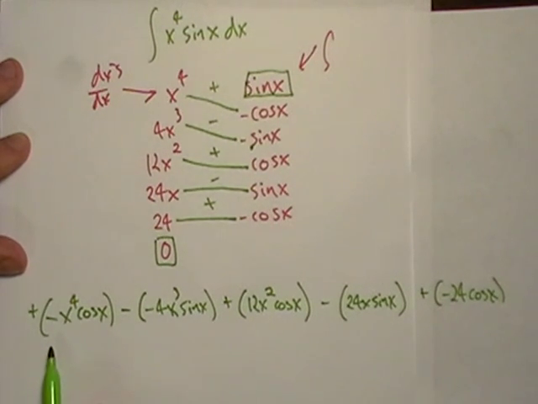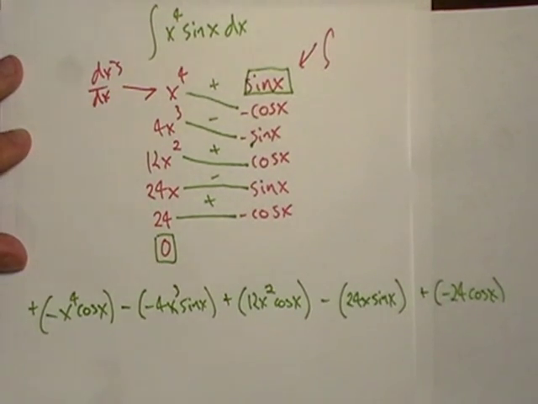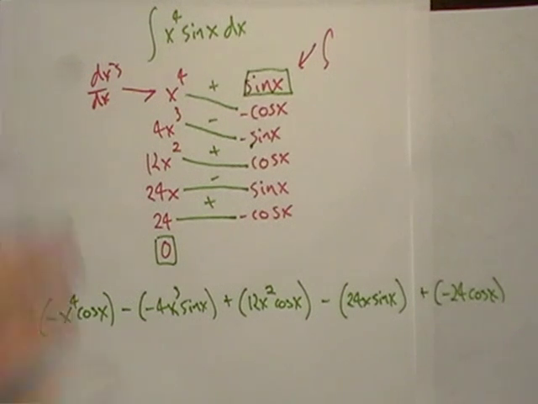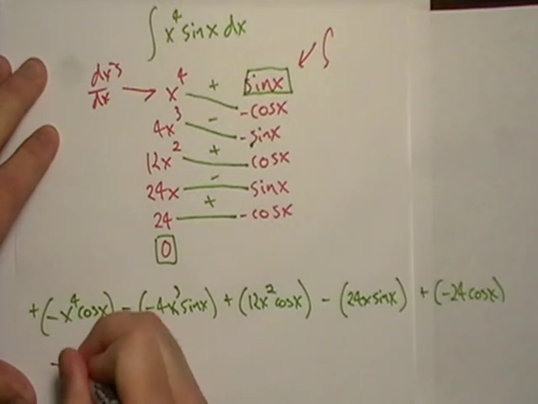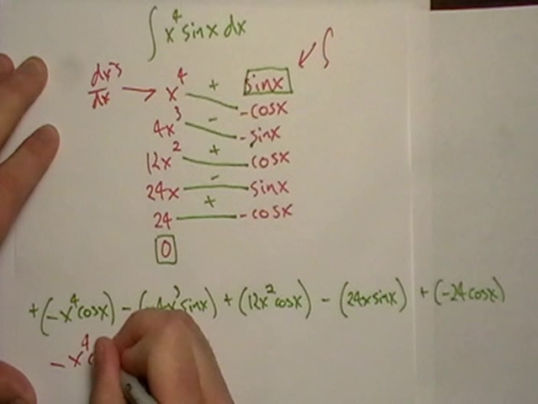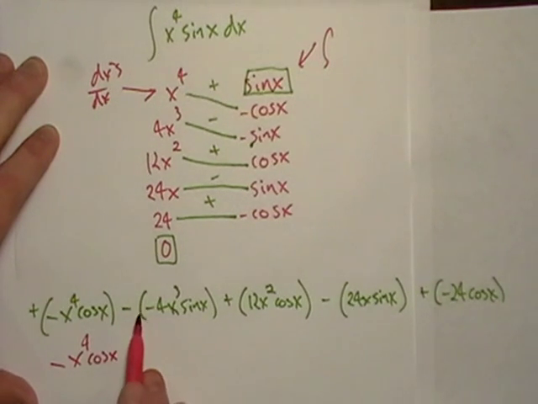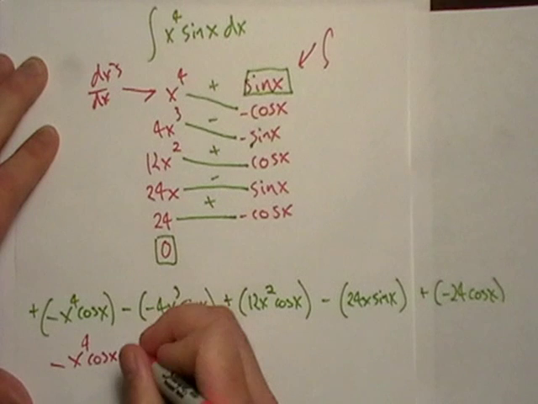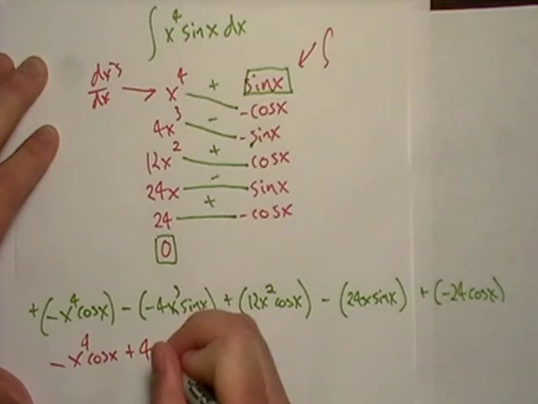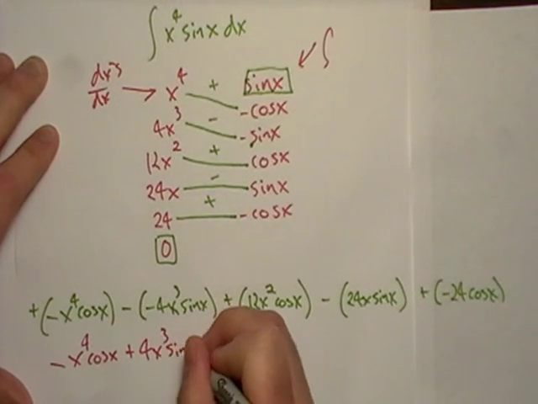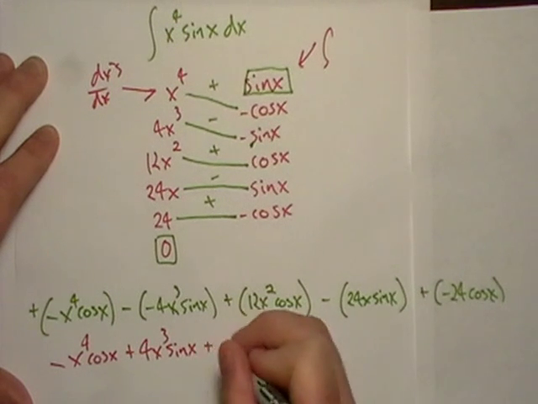Okay, now if we simplify this, of course, we're going to notice that the negative sign takes precedence. And then we're subtracting a negative value, so that turns positive. And then this just stays positive.